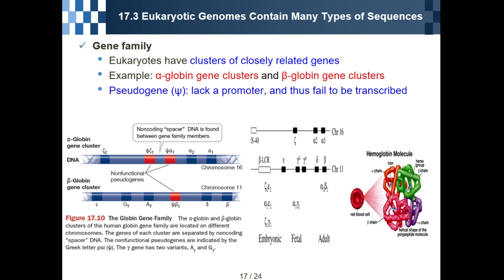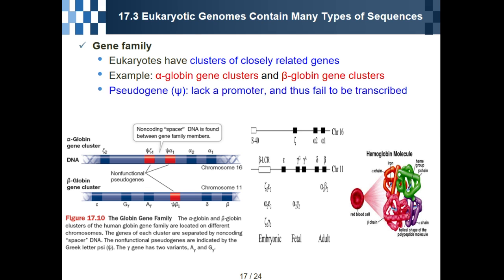The alpha globin gene cluster has zeta 2, pseudo zeta 1, pseudo alpha 1, alpha 2, and alpha 1. If a gene like this lacks a promoter, we call it a pseudo gene.